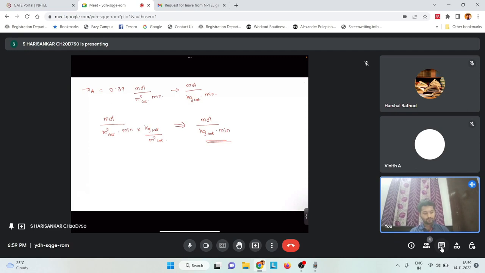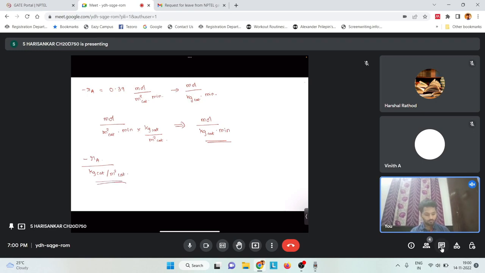Because meter square catalyst and meter square catalyst will get cancelled. So basically we need to divide the reaction rate that we have been given by a term which has a unit kilogram of catalyst per meter square of catalyst.